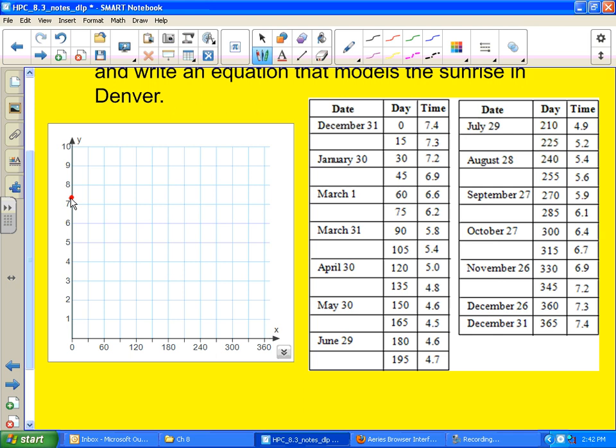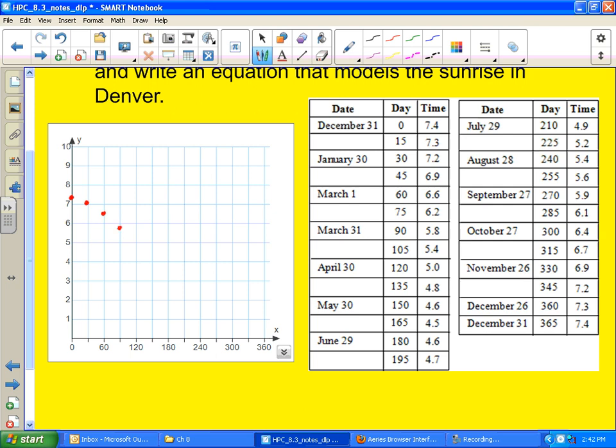And let's just go by 30s here. So at 30, I would be at 7.2, just slightly lower. And then at 60, 6.6. Then at 90, I'd be at 5.8.